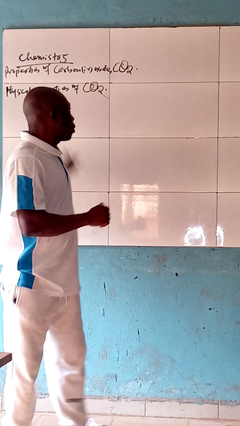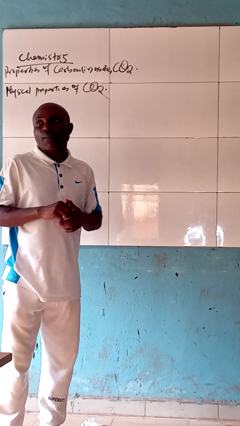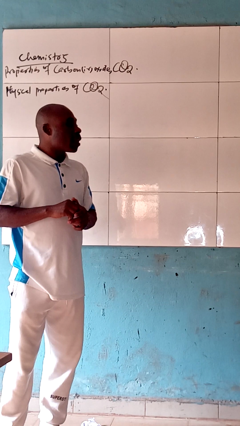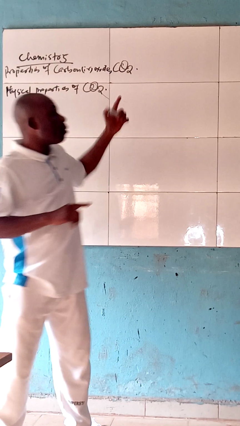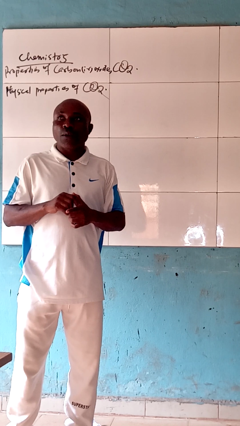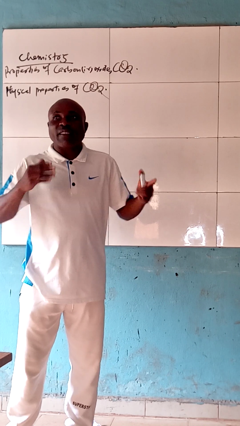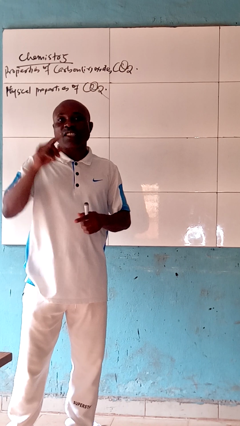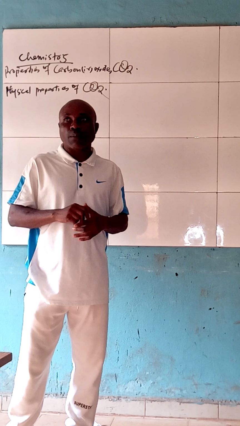Number three, we talk about its density. Of course, the relative molecular mass of carbon oxide is 44, which is directly proportional to its density, because density is mass per unit volume.